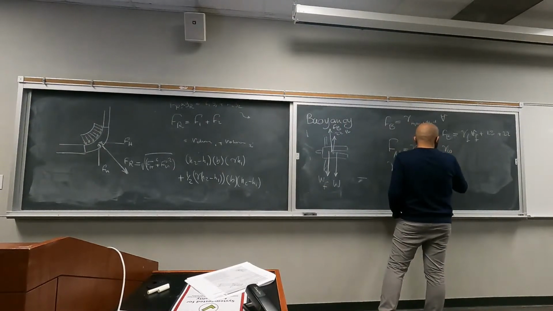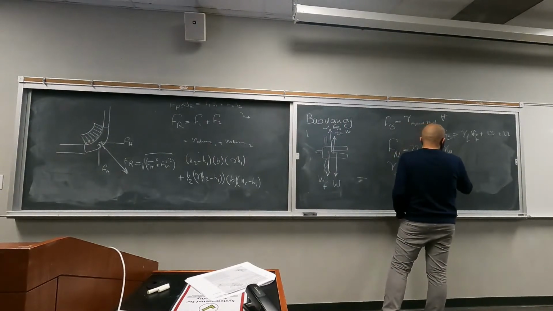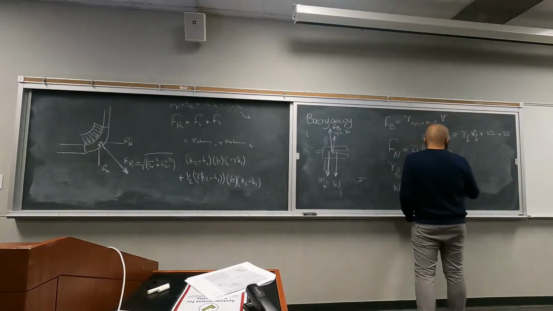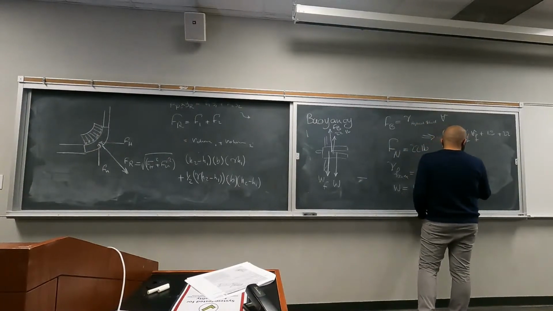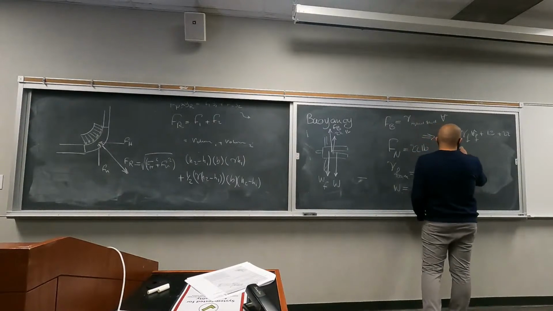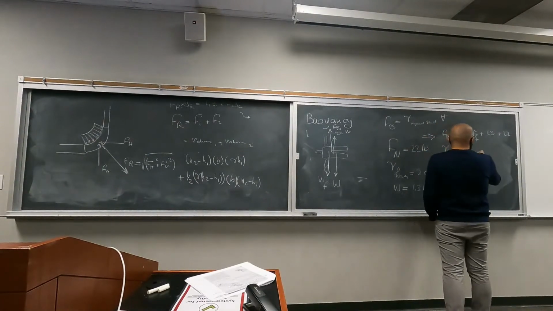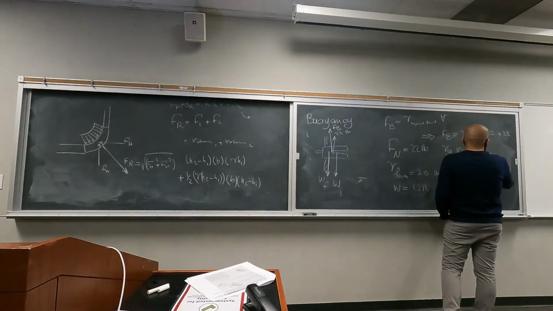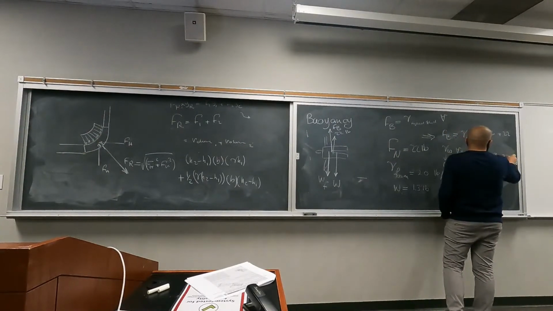And you probably recall that gamma of water is 62.4 pounds per cubic feet, multiplied by the volume of the foam, is equal to gamma of foam times the volume of the foam plus 1.3 plus 22.